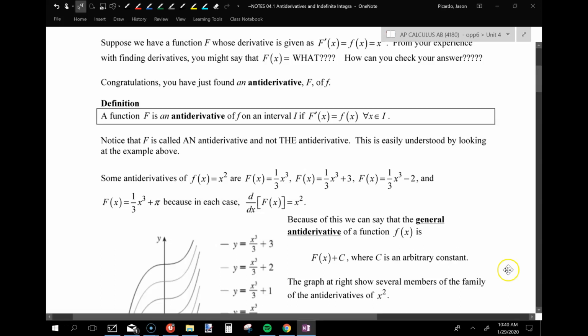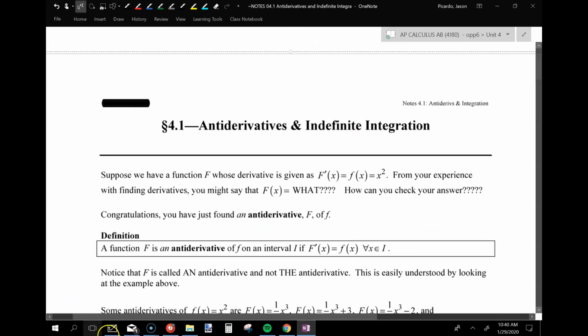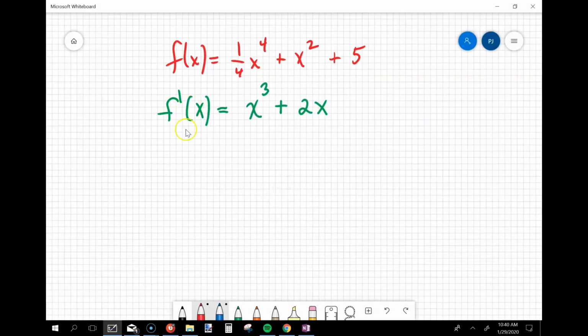So the way that we do it is with a capital F. Capital F would be the antiderivative of f of x. Now, if I give you this, then I've given you a derivative, which means the antiderivative would be the original function without the little derivative sign, right? Make sense? Okay.